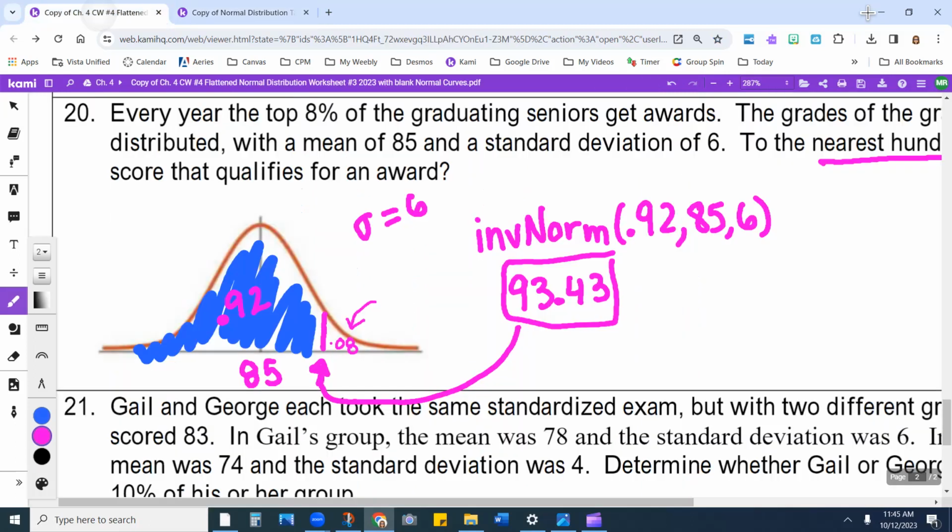So this would have been a 1.41 z-score. Now, what that means is we would have taken our 85, added basically 6, because that's our standard deviation, times 1.41.